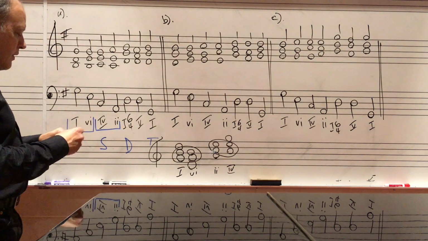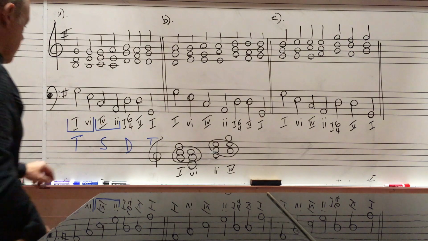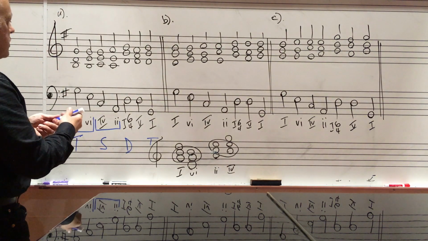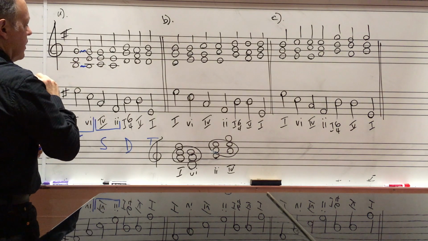So if I play that first progression, this is what it will actually sound like, and you can hear that shifting back and forth between major and minor. And the other thing that you will notice then are all the common tones that you can grab onto, there and there.